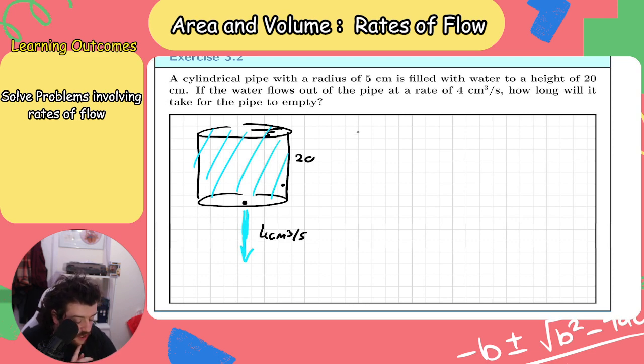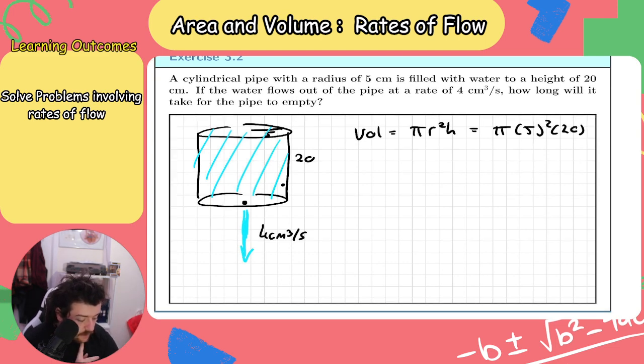So we'll find the total volume of the pipe. The volume of the pipe is going to be pi r squared h, which is pi times 5 squared times 20, which is going to be 500 pi centimeters cubed. So that is how much water is in the tank, and I'm losing 4 centimeters cubed per second.